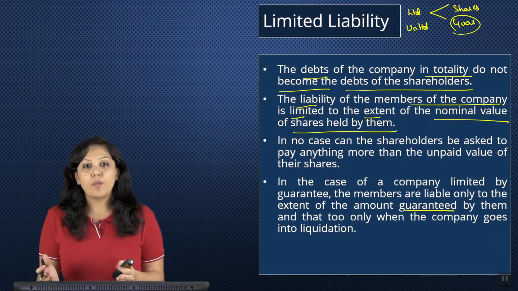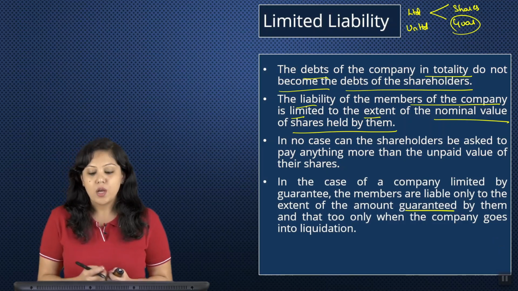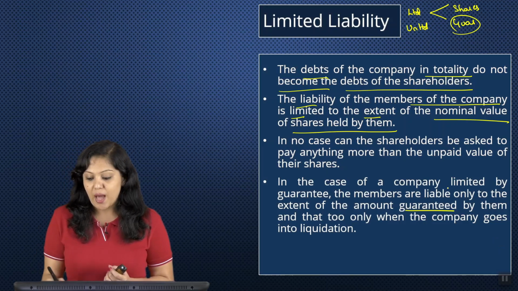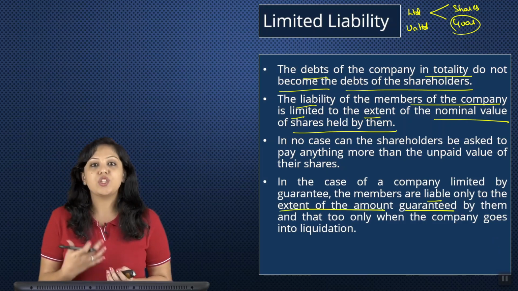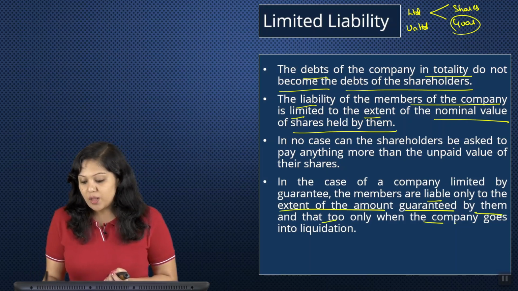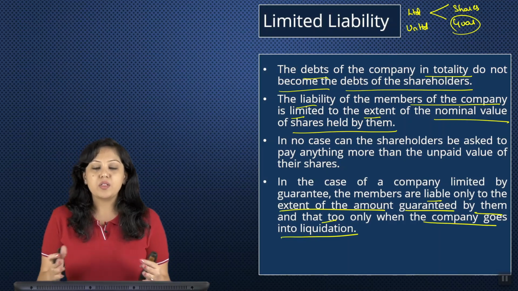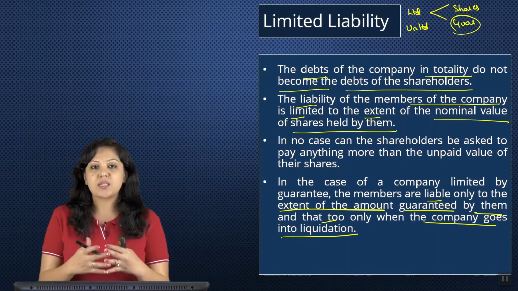That amount is guaranteed or fixed at the time of becoming a member. So in a company limited by guarantee, the members are liable only to the extent of the amount they have promised, and that too only when the company goes into liquidation. When we discuss types of company, we can discuss this in detail.